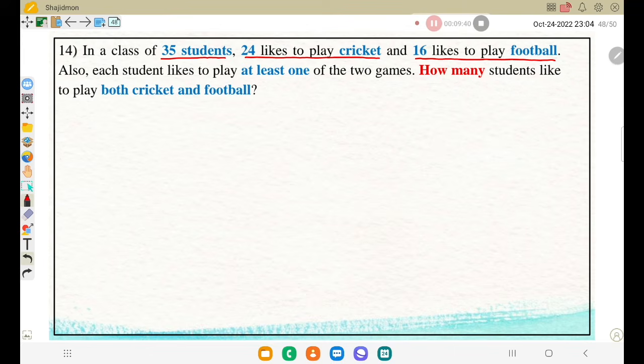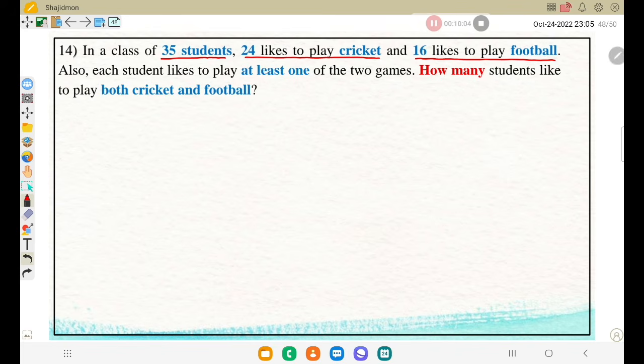Also each student likes to play at least one of these two games. So these 35 students, they will play at least one of these games. Sometimes they are playing cricket or football, like that. How many students will like to play both cricket and football? That is the question.